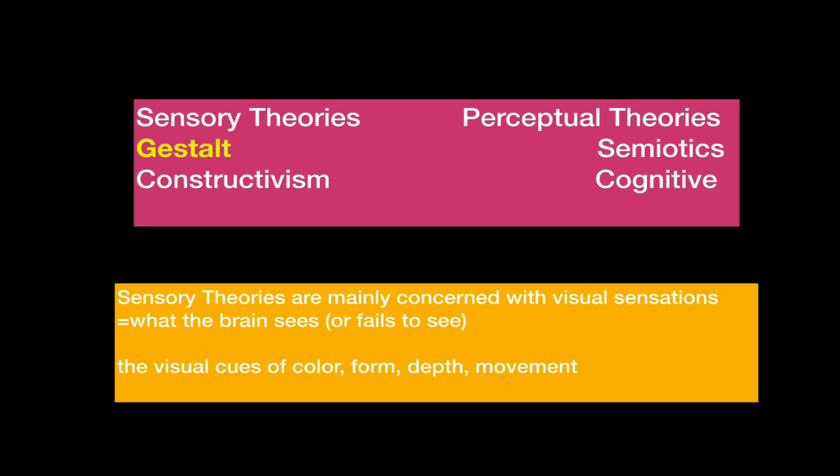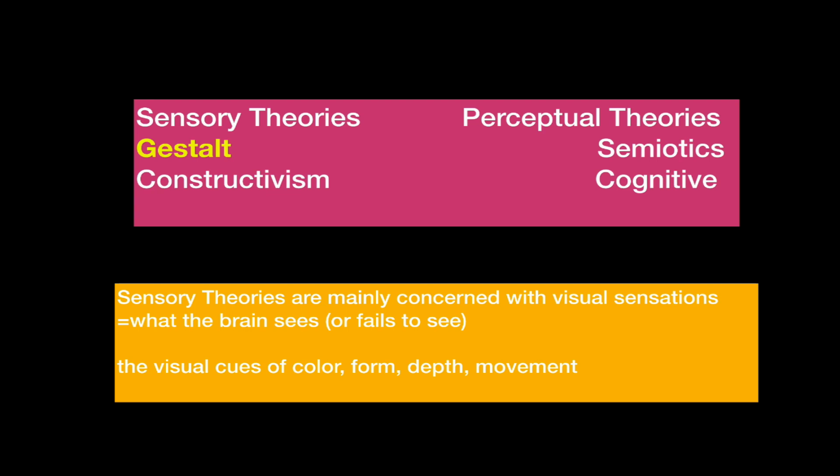So these theories are usually split up into two areas. One is sensory theories, which includes Gestalt and constructivism. And the other one is perceptual theories, and that's semiotics and cognitive. You may have heard of those words before, and we're going to talk about them more this semester.